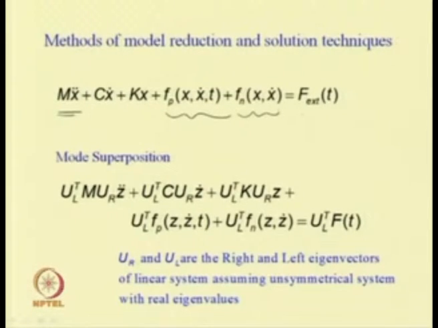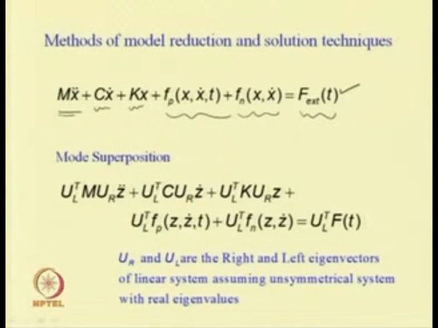So, this is the external force acting on the system, this is the nonlinear force we are taking, and this is the localized parametric excitation force, which is defined in terms of displacement, velocity and time, and then this is the force due to stiffness, and this is the damping force, and this is the inertia force of the system.